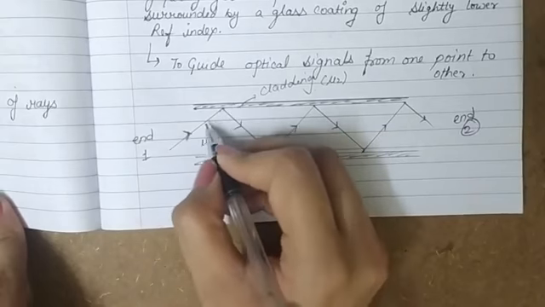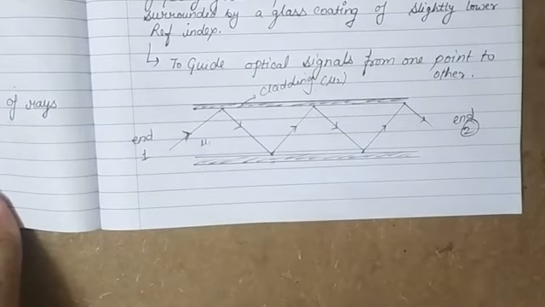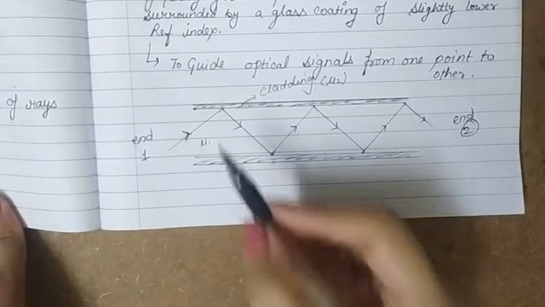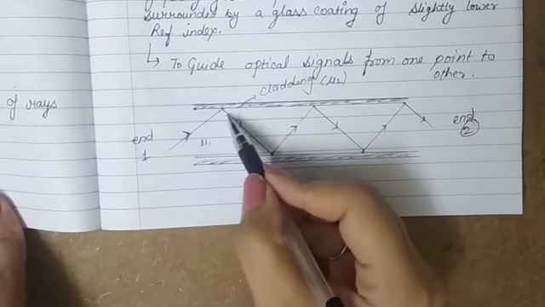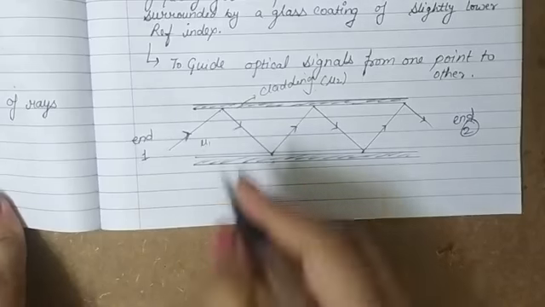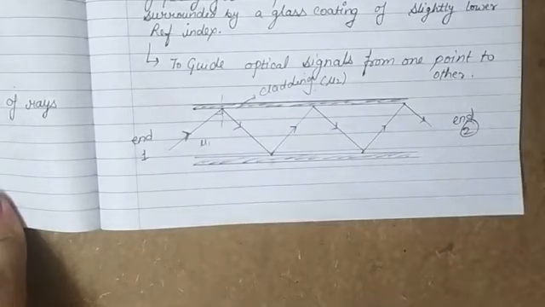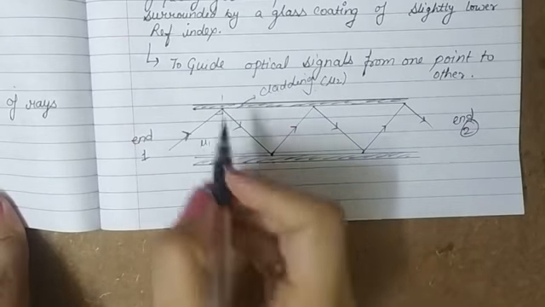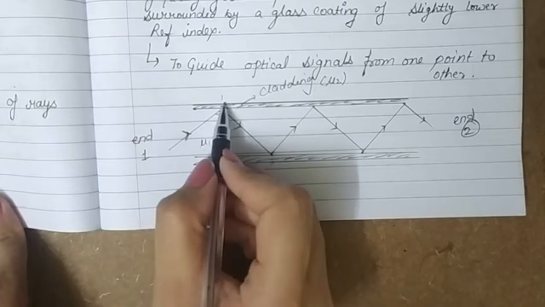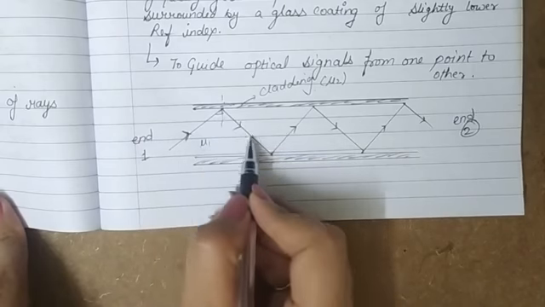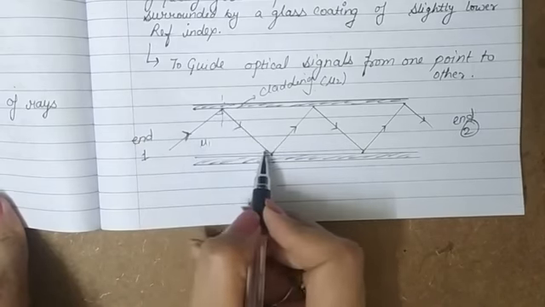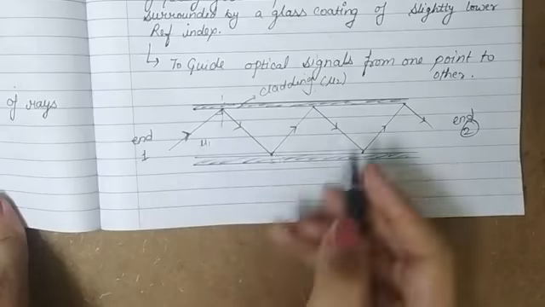Now we choose the incident angle such that it is more than the critical angle of the combination of these two media. So when this angle is more than the critical angle for this particular combination, light, instead of passing to the cladding, comes back to the same core region and moves forward. A similar process takes place here.